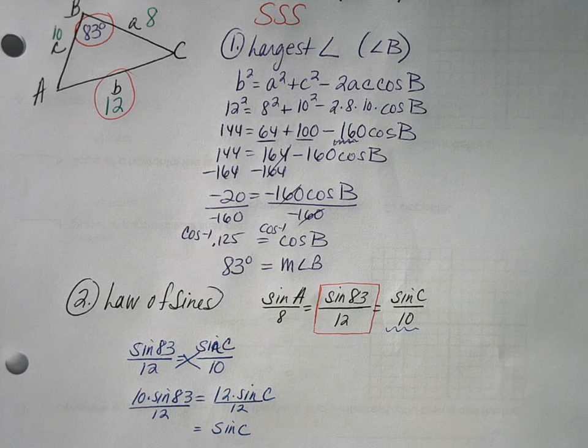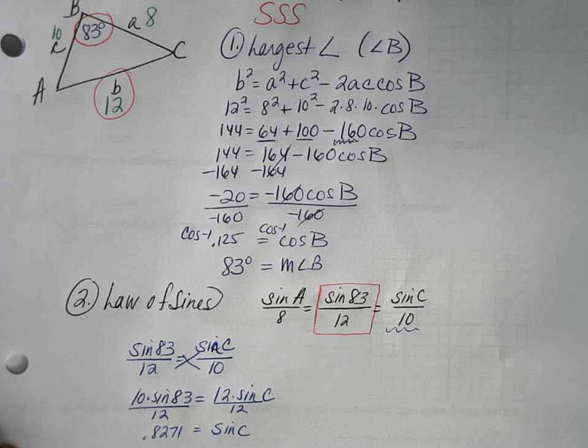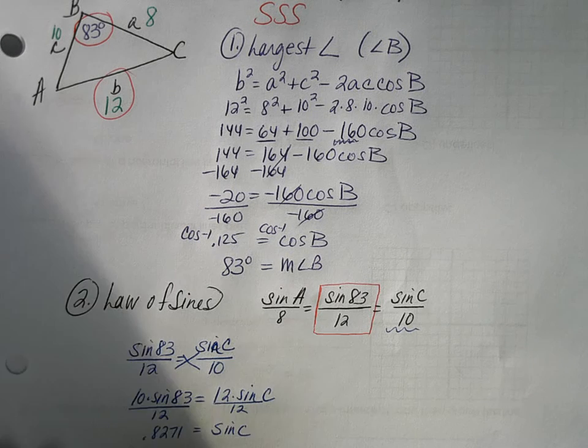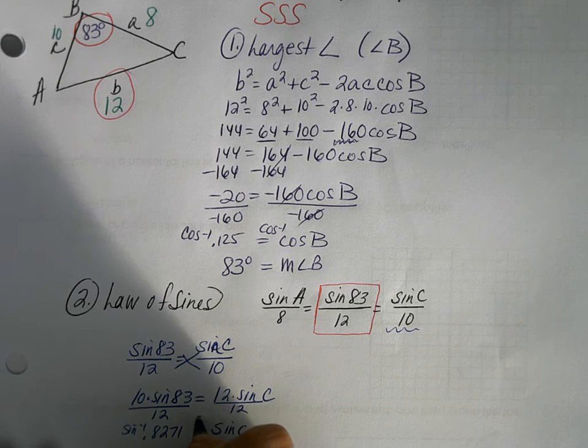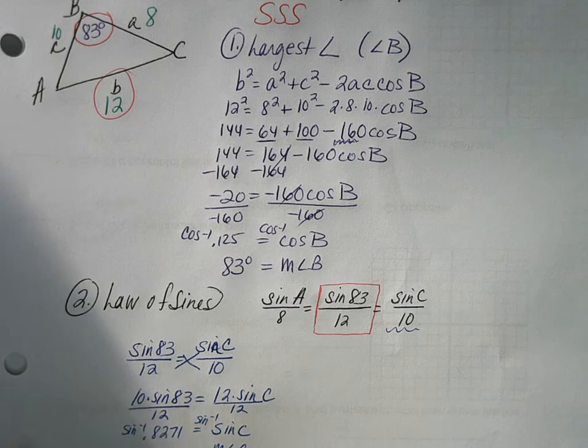Double check it. Okay. 0.8271. Is that my angle C? Nope. What do I have to do? Find the inverse sine. All right. So what do we find for angle C? All right. Angle C, we're going to get about 56 degrees.